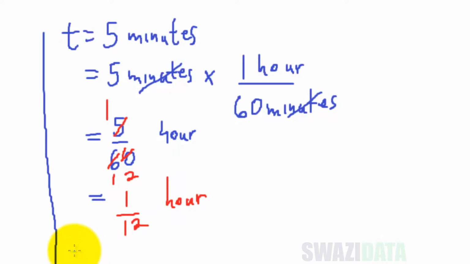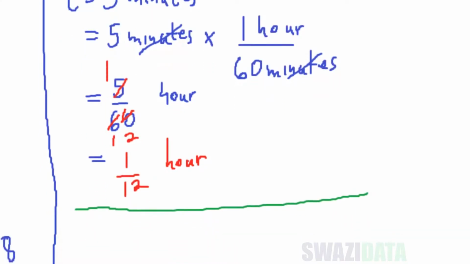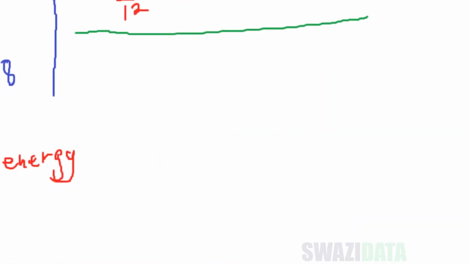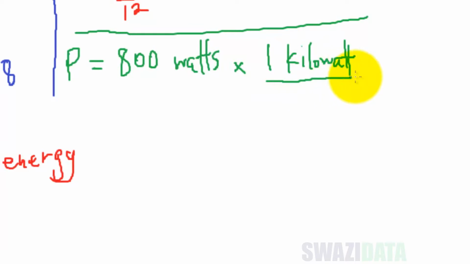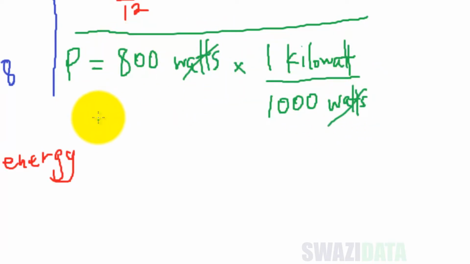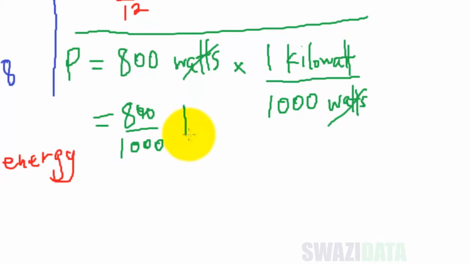Now we want the power in kilowatts. P is 800 watts. We must know that 1 kilowatt is equal to 1000 watts, since kilo means 1000. The watts cancel, so P is 800 over 1000 kilowatts.